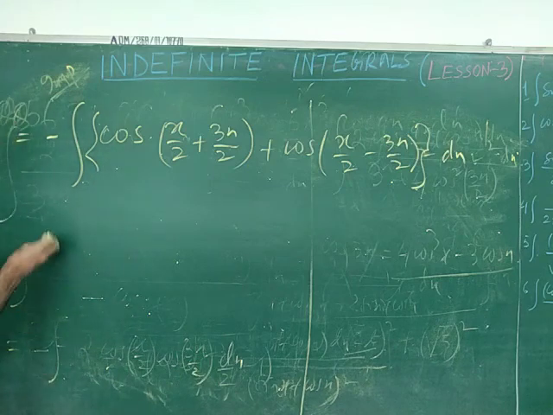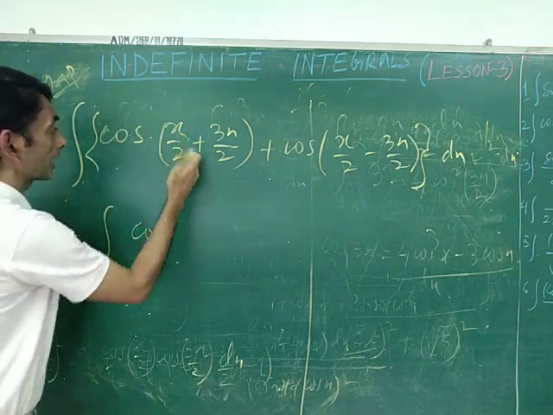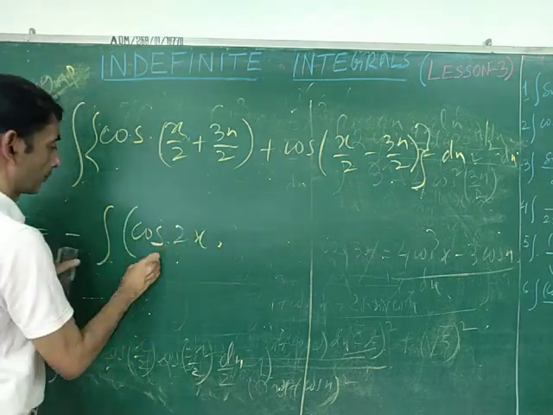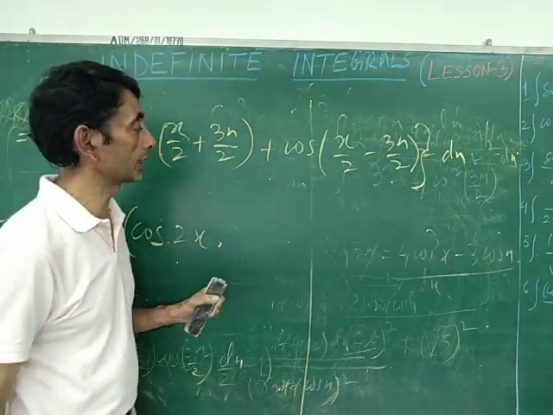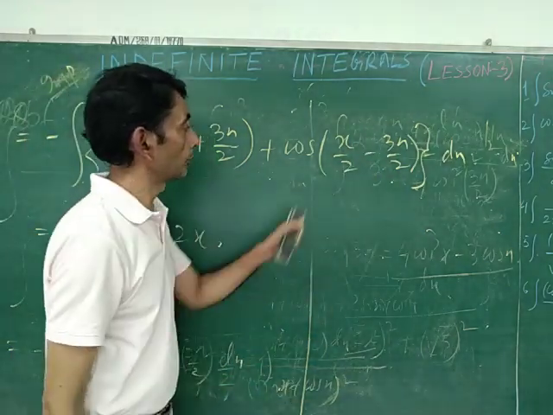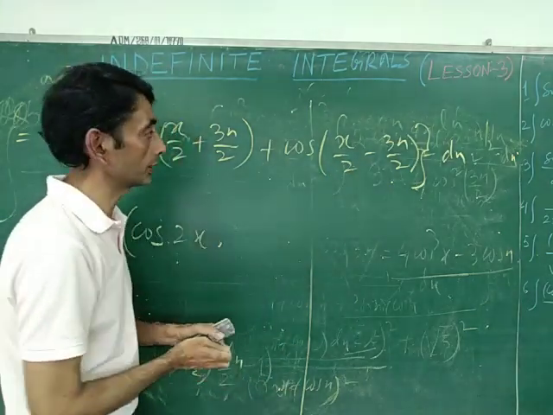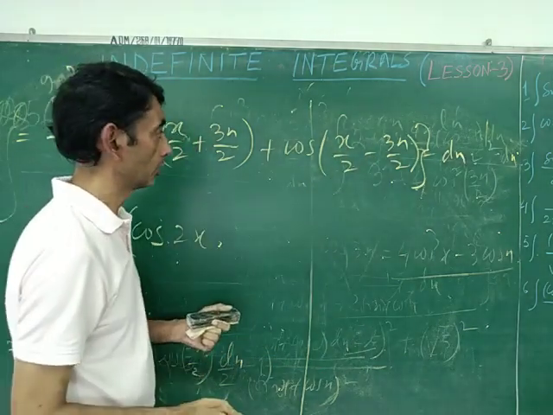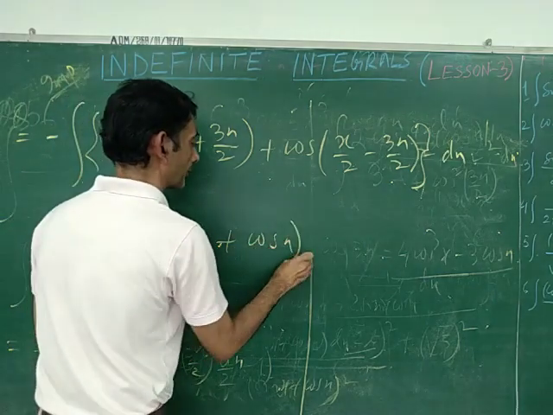We simplify one step. The integration of cos of (x by 2 plus 3x by 2), that is 4x by 2, is cos twice x. And cos of (x by 2 minus 3x by 2) is cos of minus twice x by 2, so the 2 cancels out, and we know that cos minus x is plus cos x. So it will be plus cos x dx.